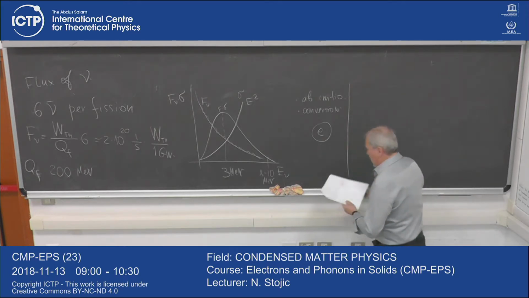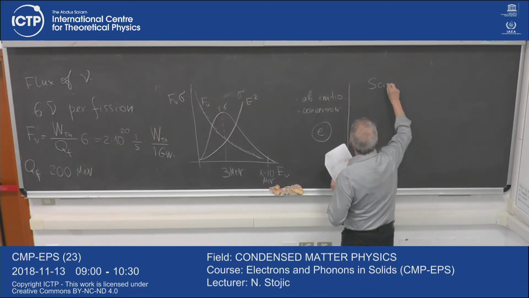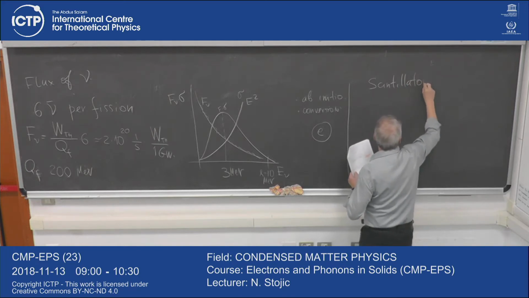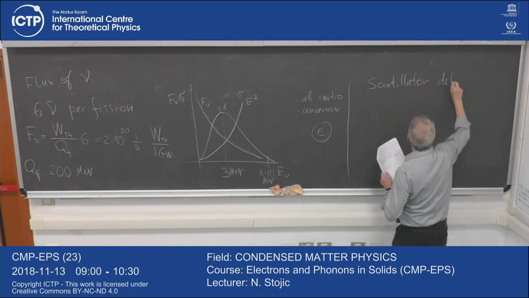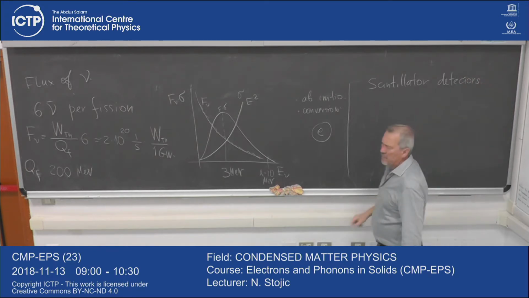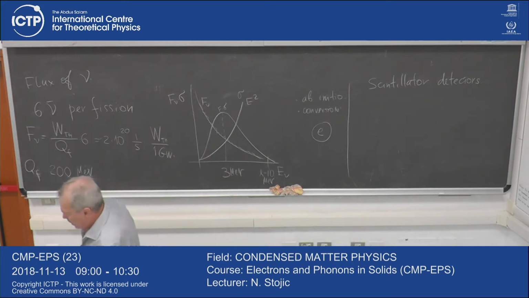Okay. Now let me say a few words about scintillator detectors. Now let me again repeat what I was already saying. I believe that really to understand the physics, you need to understand how things were obtained, how it was developed.